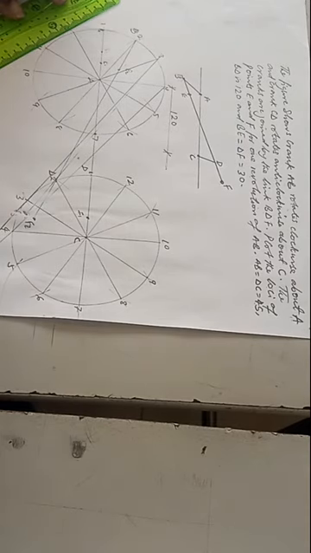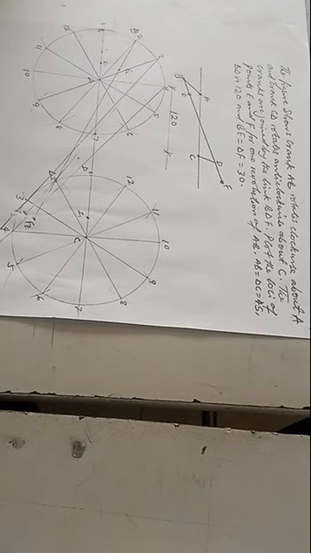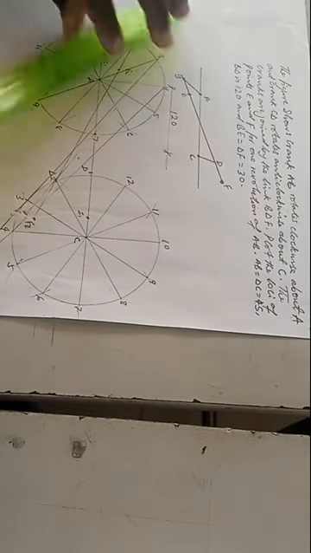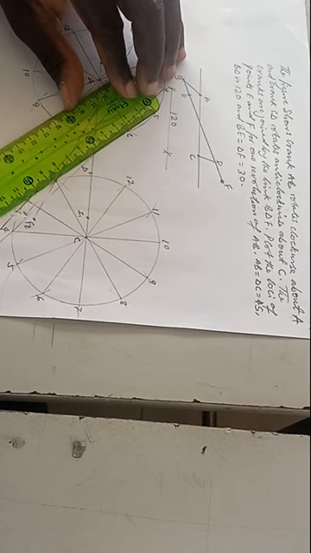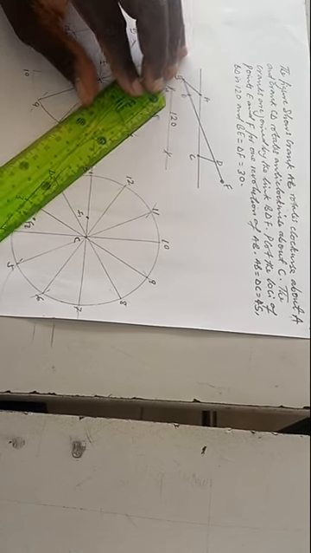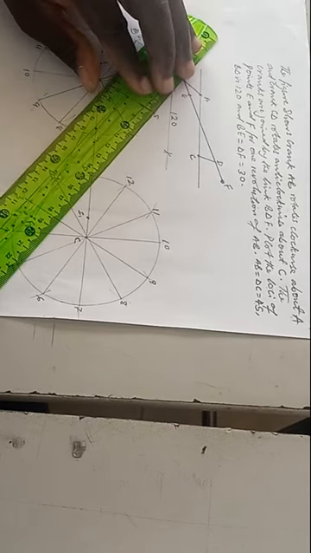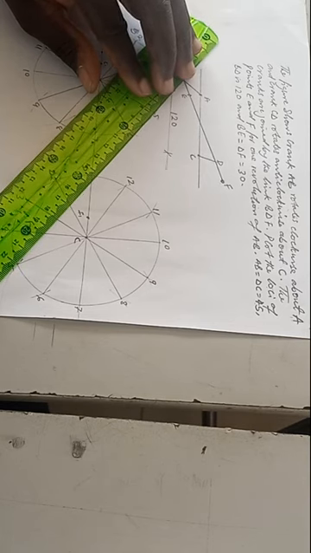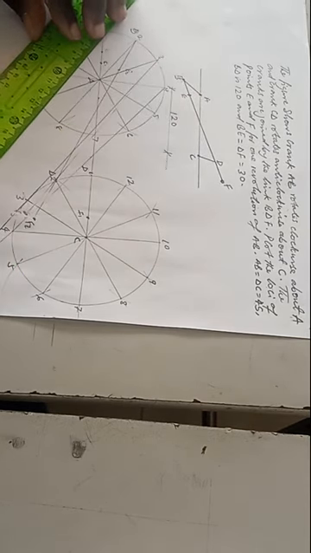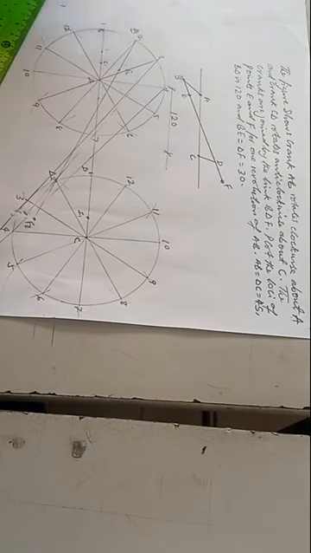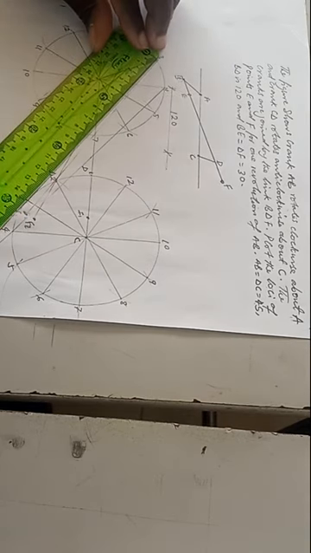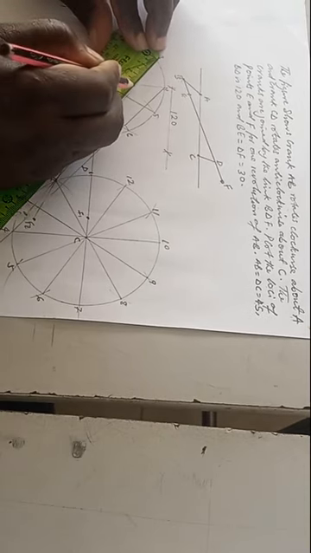Then we do for 5, 5 to 5. This is 5 to 5. For this 3, we have not measured our E. So let us measure our E for 3: 10, 20, 30.